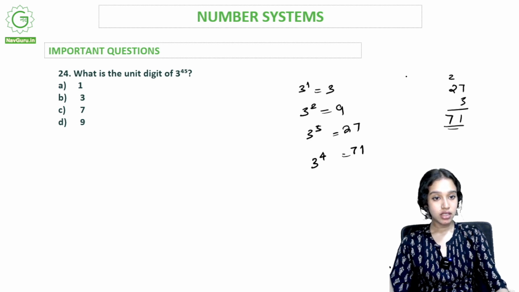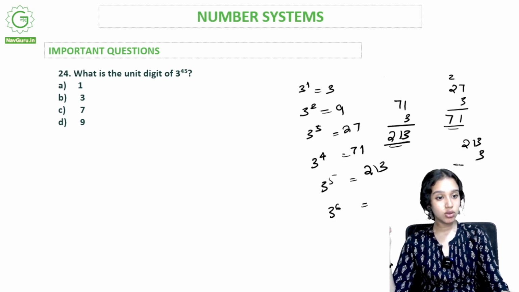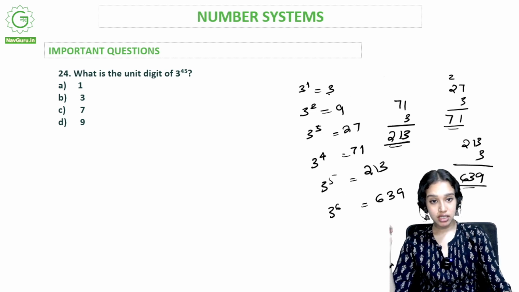3 raised to 5 is 81 into 3, that is 243, and 3 raised to 6 is 243 into 3, which is 729. We see a pattern in the ones place again, which is 3, 9, 7 and 1.